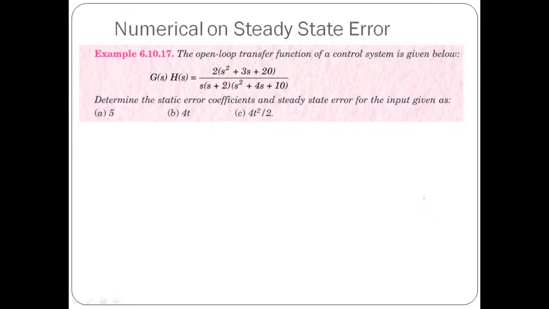In this case, we have an open loop transfer function of a system, and G(s)H(s) is 2(s square plus 3s plus 20) whole divided by s(s plus 2)(s square plus 4s plus 10).